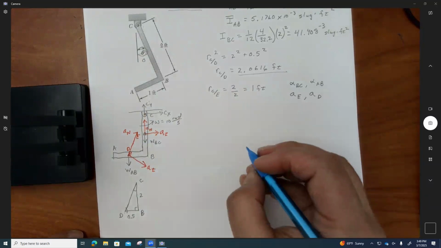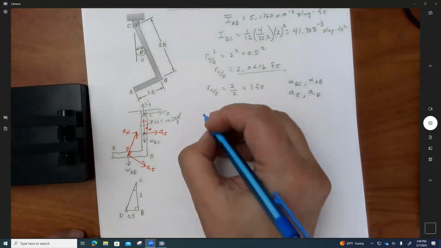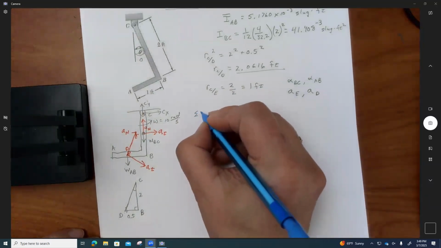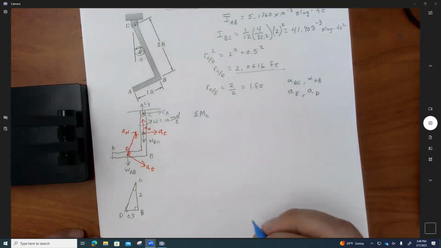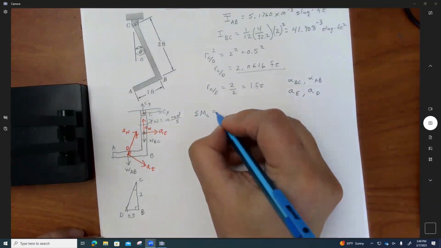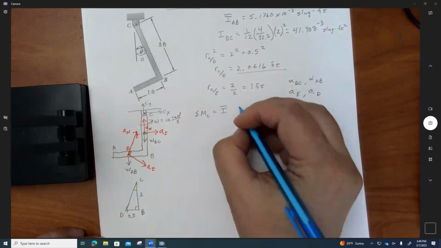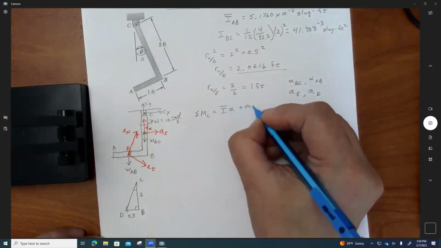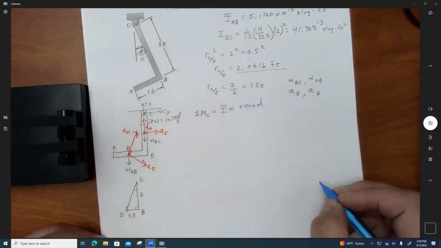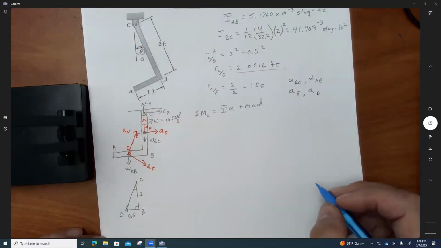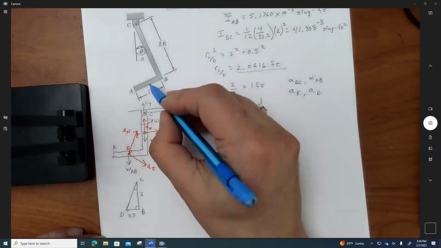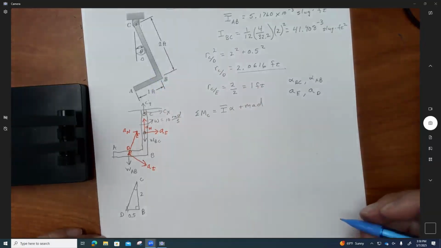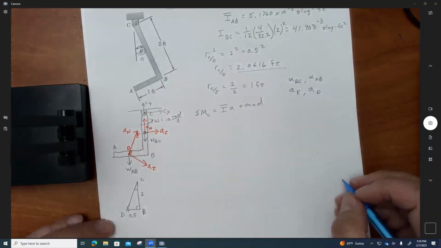Okay. I'm going to start off by wanting to sum moments around C. And so that is going to be equal to I bar alpha plus MAD. And this time we have 2 different pieces that we need to worry about.